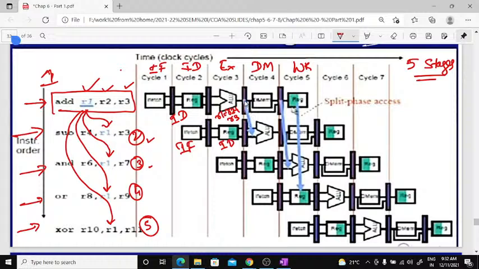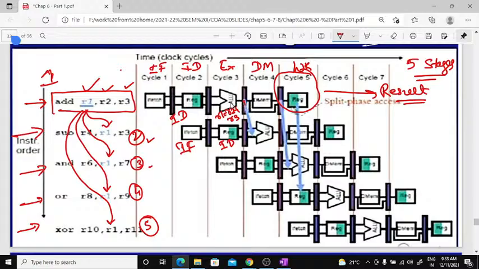Here we are adding one bypassing circuit, because if we follow the pipeline we get the result of the first instruction only at the last stage. But here the addition happens in the ALU, which performs R2 plus R3, and it is not stored in R1 yet, but we will get that result.